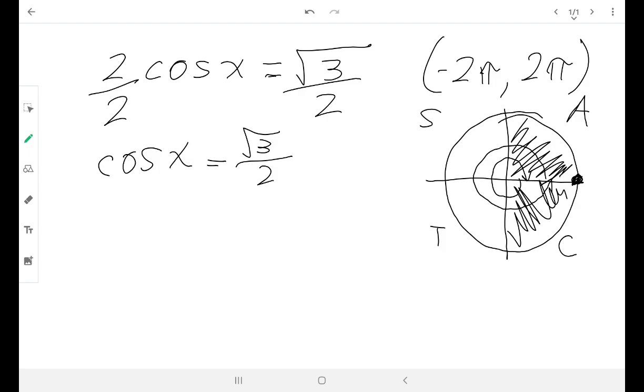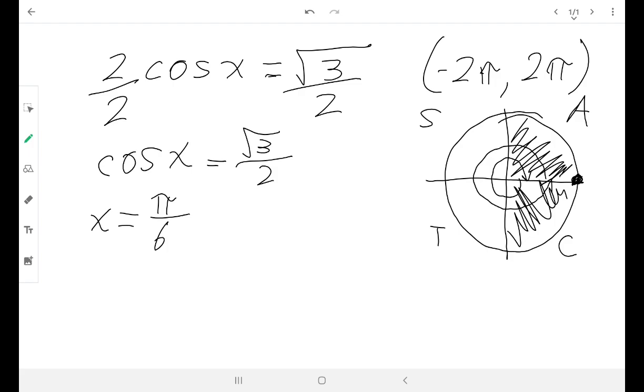And what I want to know is if I can get one of them, I can sort of get all of them. So what's the initial angle in the first quadrant in the positive direction that when you take its cosine, you get square root of 3 over 2, and if you look back, you'll see that that angle is pi over 6.